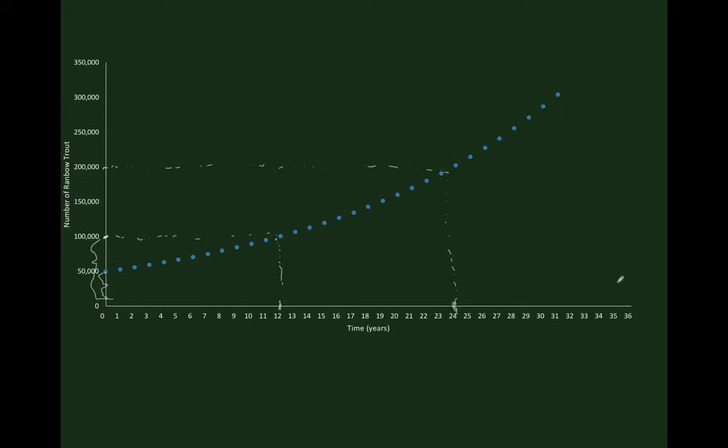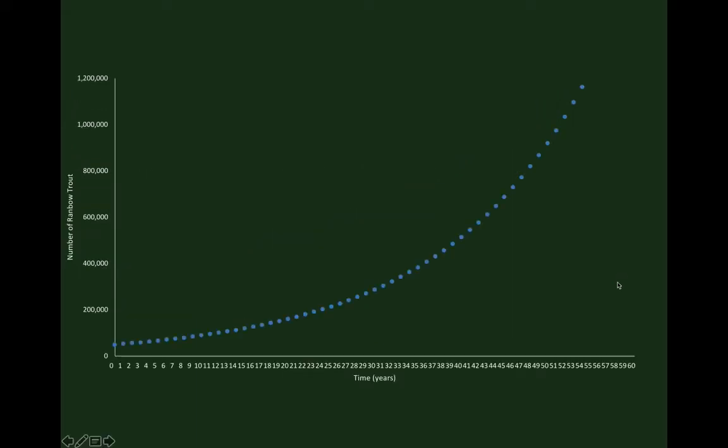And then we can also look at 36 years. I added a few more years. This is 60 years into the future. So you can see that the shape of that geometric curve is related to these doubling times, like 50,000 to 100, and then to 200 to 400.